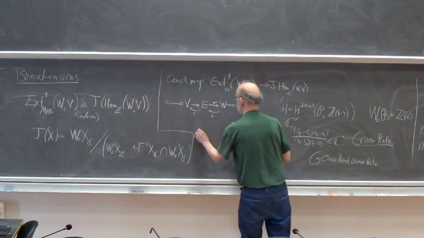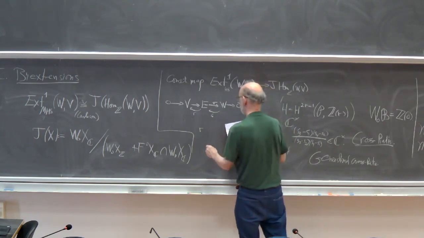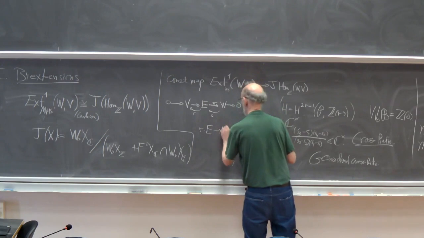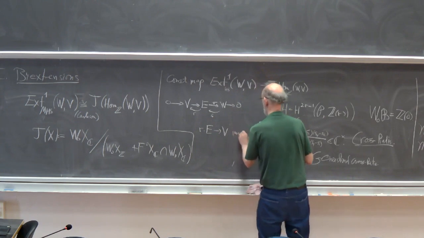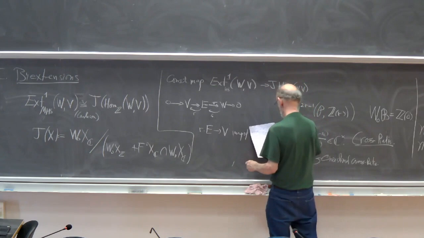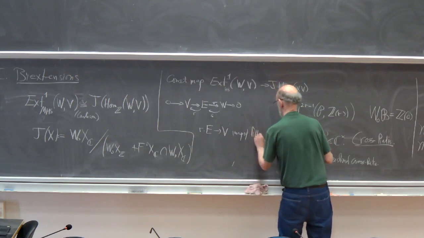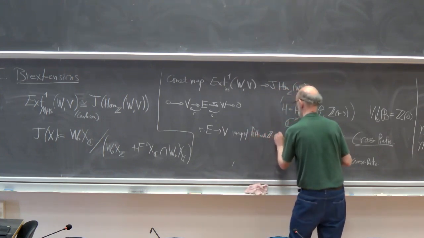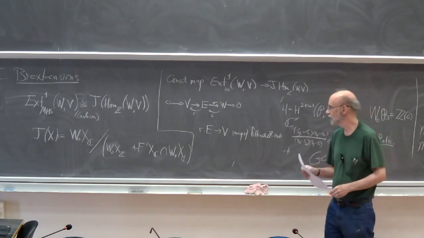R is a map. R takes E to V, and it's supposed to be a map of filtered Z modules. We have the weight filtration, so it gives me a filtered structure.